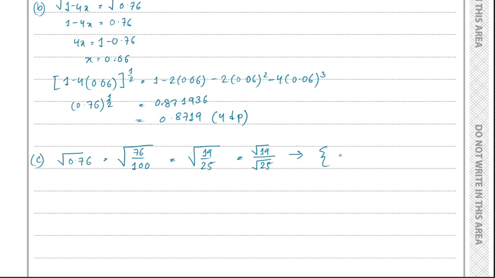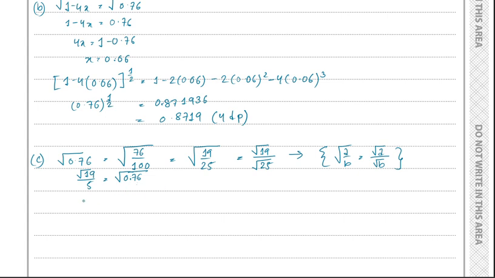If anyone is confused, root over a by b is also equal to root over a divided by root over b. So this could be written as root over 19 by root over 25, which is just 5, and this is equal to root over 0.76.